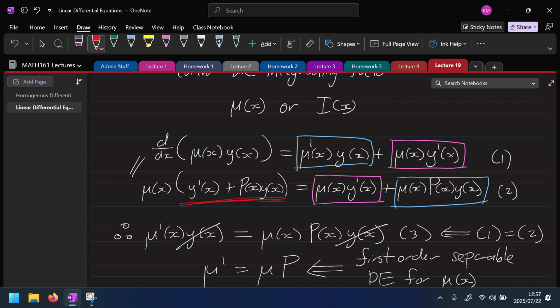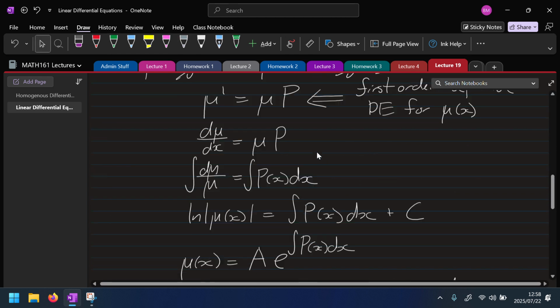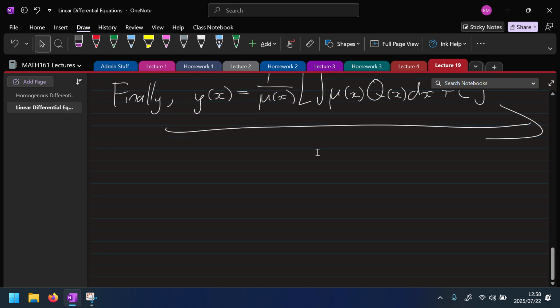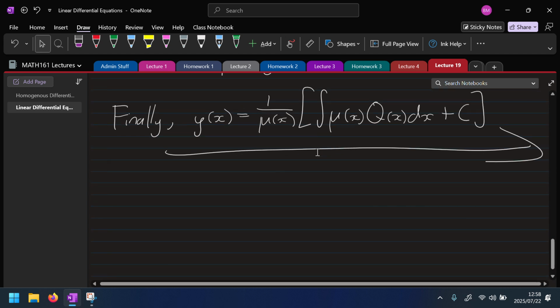Okay, so that's the right-hand side of the differential equation. We want to write it as the derivative of a product. So equation 1 and 2 must be equal. Okay. Any questions? Okay. Just go through that again in your own time. If you have any questions after that, come and see me.